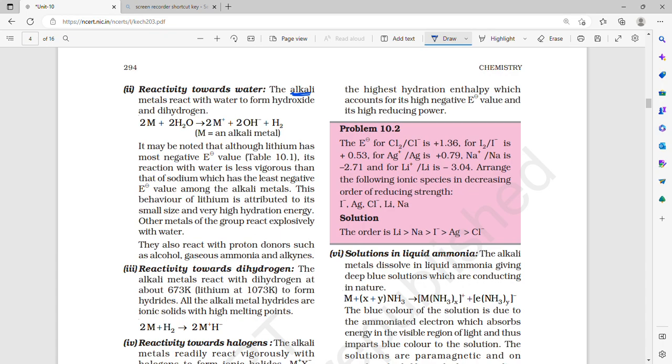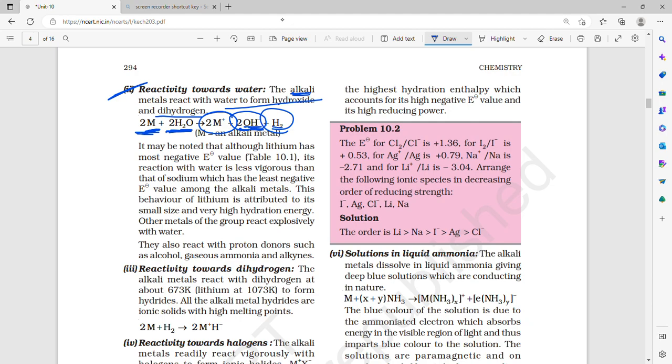The alkali metals react with water to form hydroxide and dihydrogen. 2M + 2H2O gives 2M+ + 2OH- + H2. Considering that M is an alkali metal, the alkali metal M reacts with water to form hydroxide and dihydrogen.